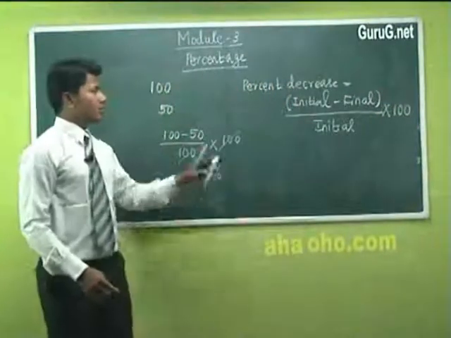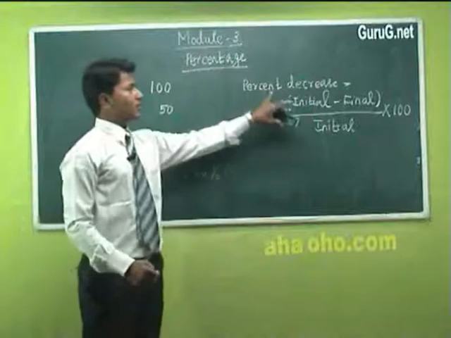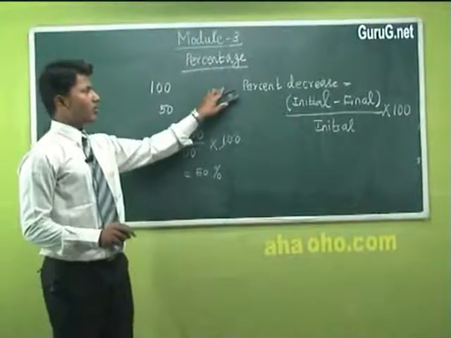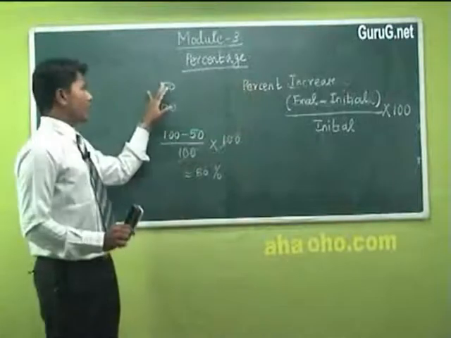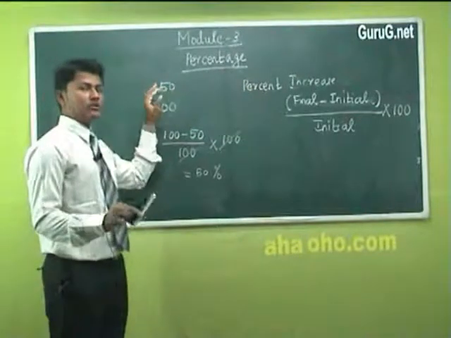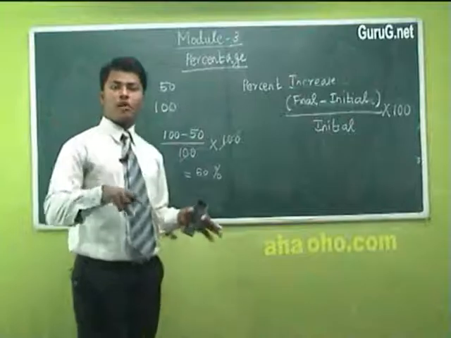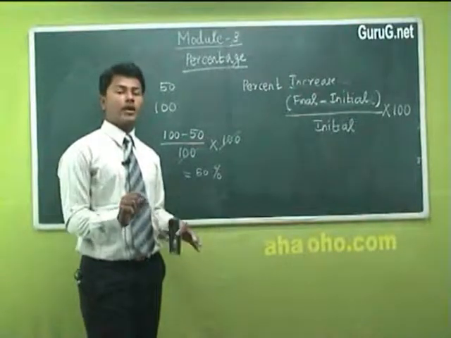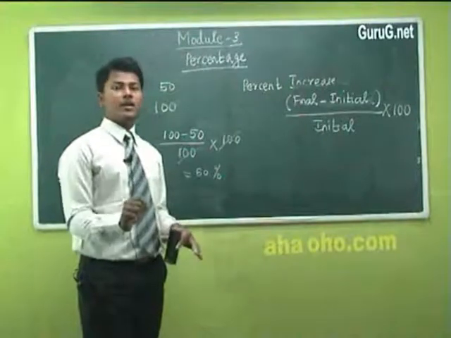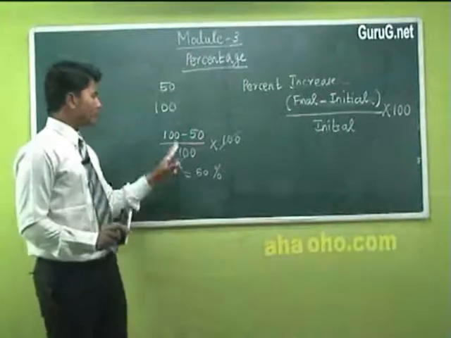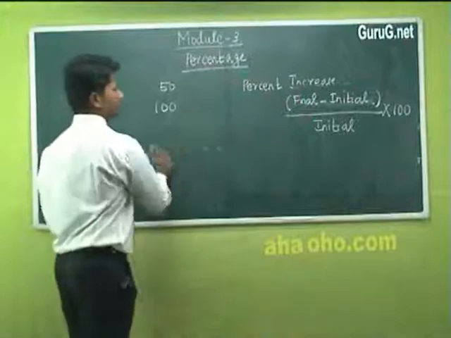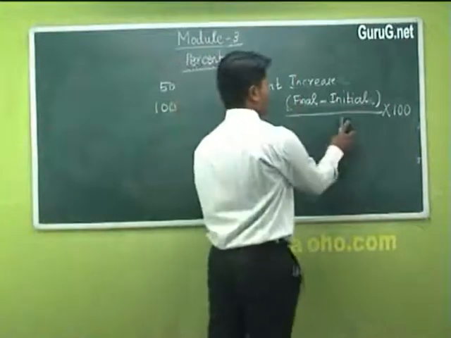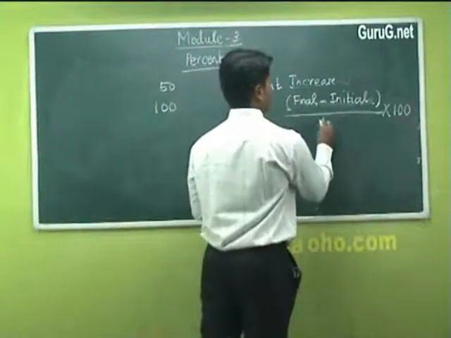So this will be the formula for percent decrease. Similarly, what is the formula for percent increase? Initially you have 50 apples. You went to a garden and got some more apples. Now you have 100 apples in your hand. You have to find the percentage increase. A similar formula: final value minus the initial value, divided by initial value.